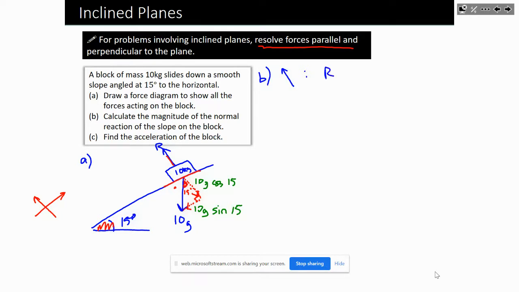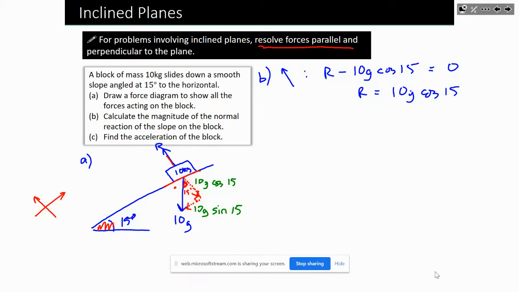So R take away 10g cosine 15. Those are opposing each other, but it's not lifting off or going in, so they're going to equal 0. So therefore we can find our reaction force being 10g cosine 15.